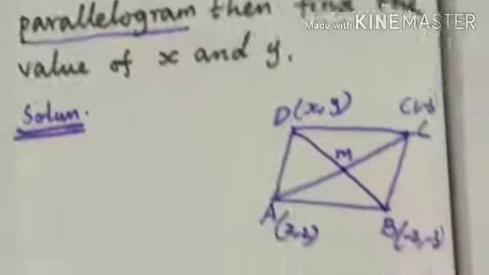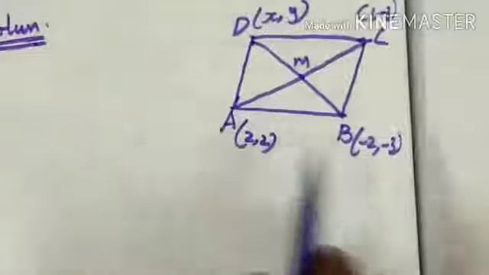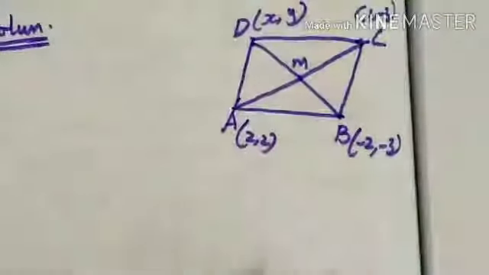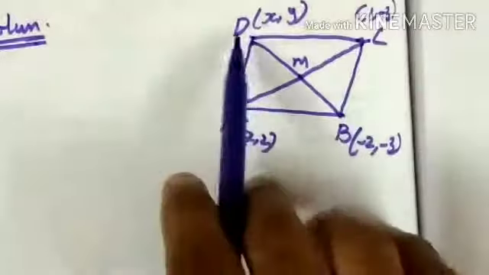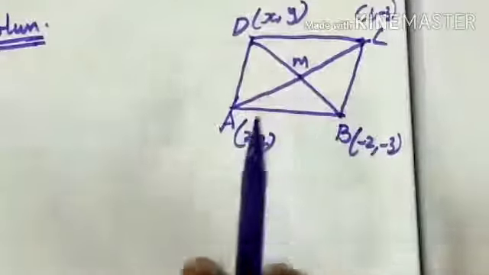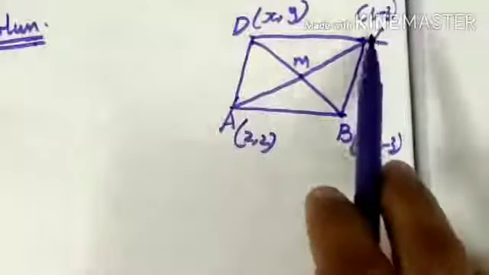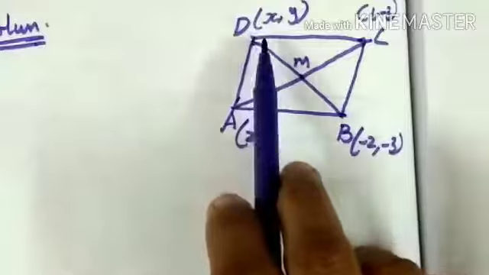In solution, first you draw the diagram and mark the given points. We know that in a parallelogram, diagonals bisect each other at the midpoint. Therefore, the midpoint of AC is equal to midpoint of BD.